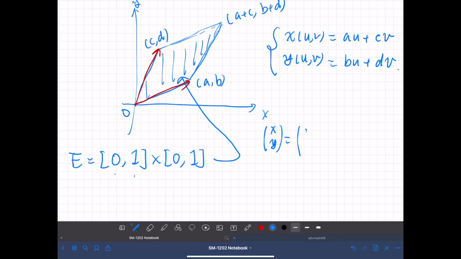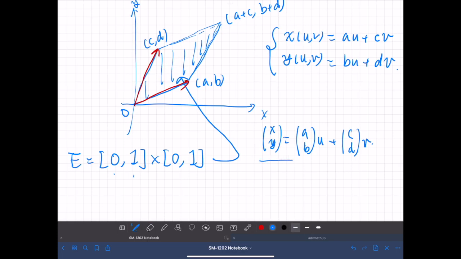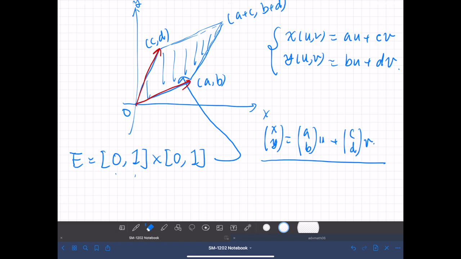The first vector is (A, B) and the linear combination coefficient, let's call it u, and another vector (C, D) with coefficient v. The vectors expressed as this linear combination can express this parallelogram if u and v move between 0 and 1.